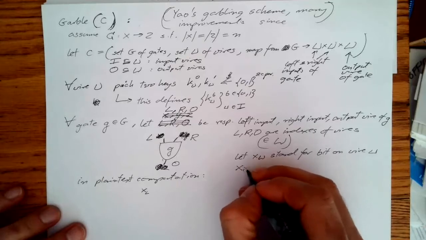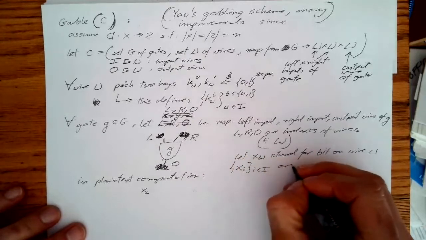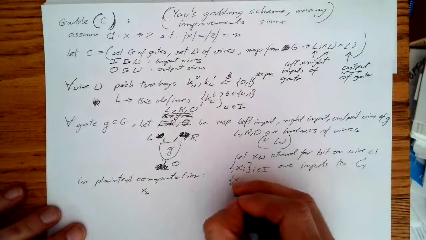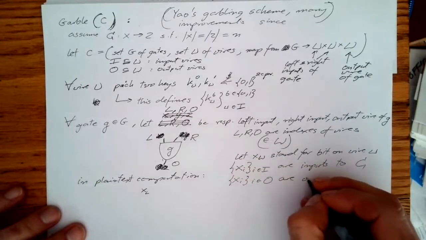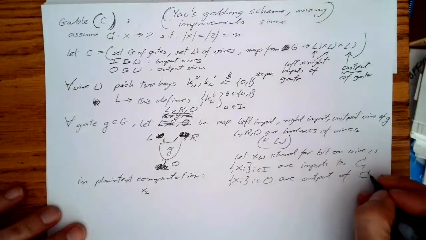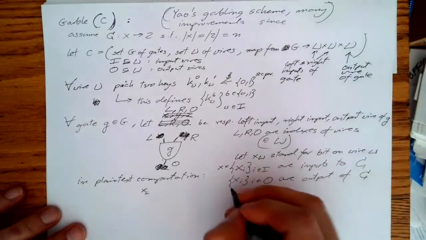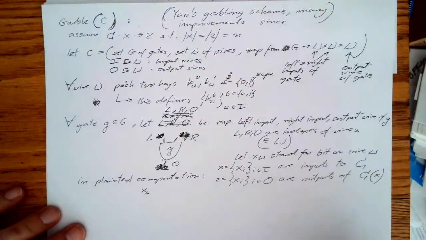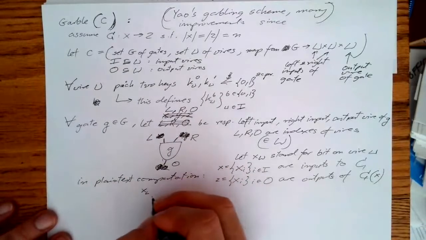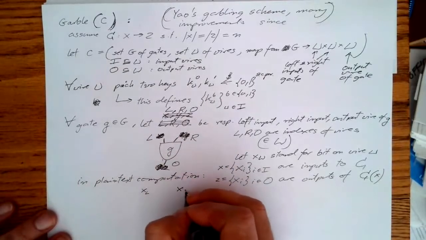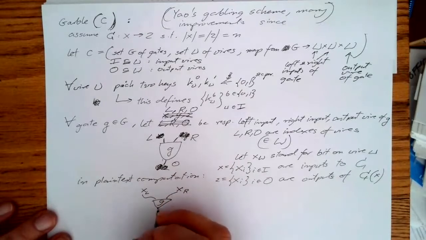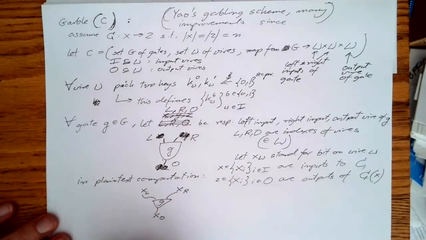So X_i for i in I are inputs to C, and X_i for i in O are outputs of C. In the plain text computation, I will have some bit X_L on this wire, a bit X_R on this wire, and I will be computing gate G on these two, and X_O would be the output bit.